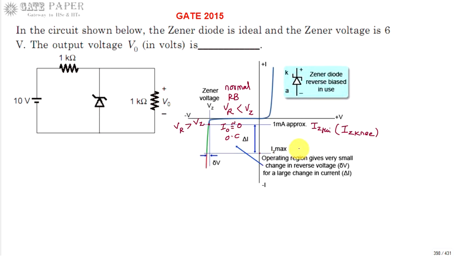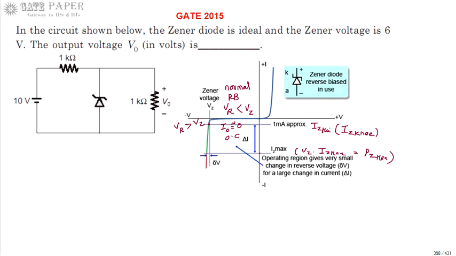We can calculate the power dissipation as Vz into Iz maximum. This is Pz maximum, the Zener diode's tolerance for maximum power. If you apply more and more voltage, the power dissipation will be greater than this Pz maximum, so the Zener diode gets damaged.